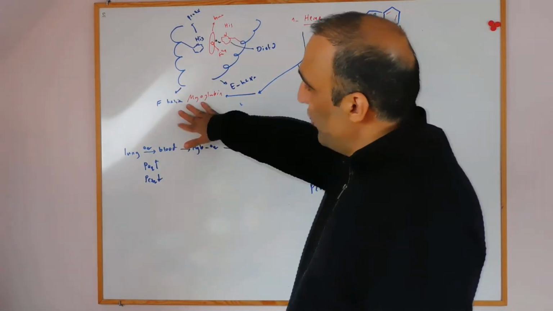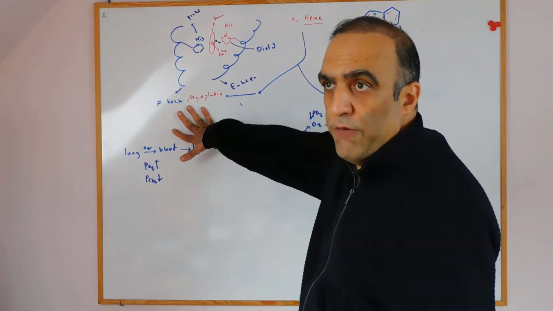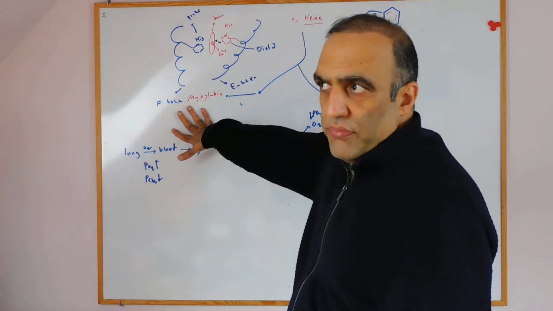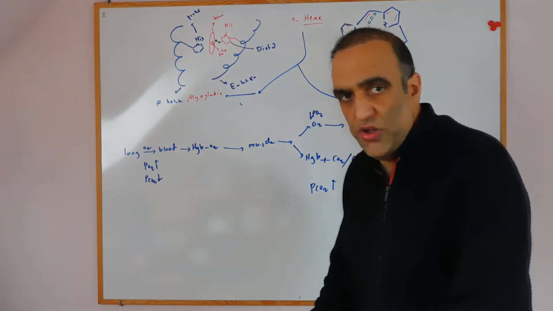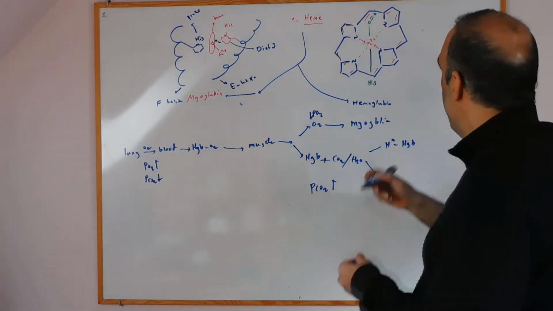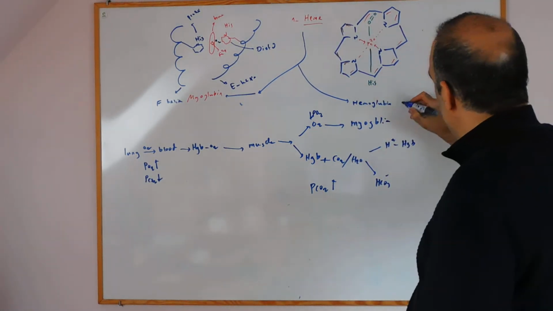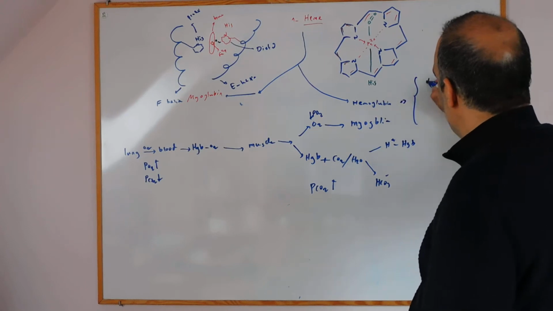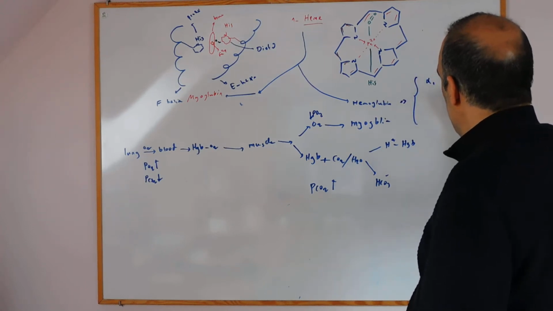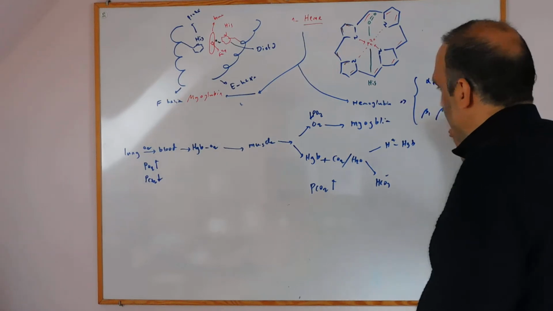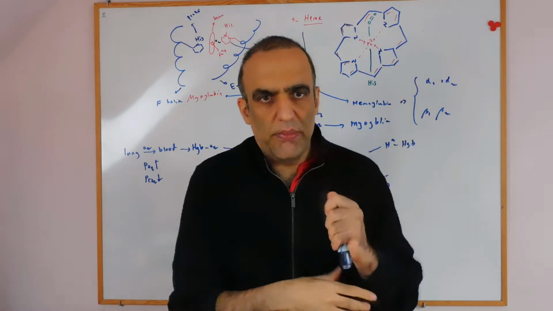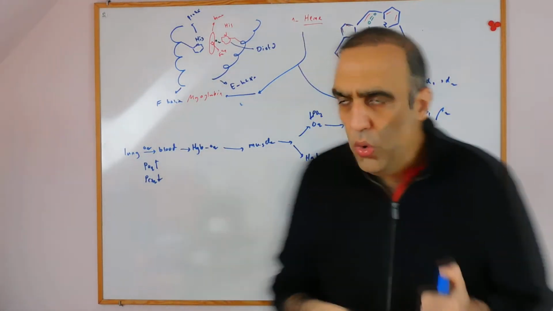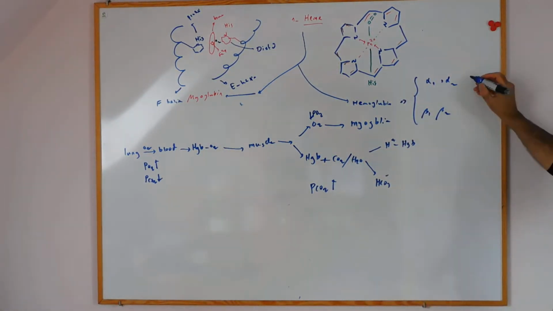Hemoglobin, the structure is not like this. It has a four tertiary structure, which has 2 alpha and 2 beta. It has alpha 1 and alpha 2, and beta 1 and beta 2 in the structure. And the four of them become the quaternary structure. All of them have one heme. Then they have 4 heme.